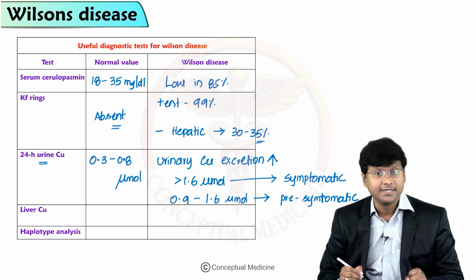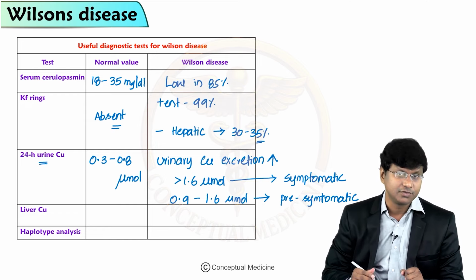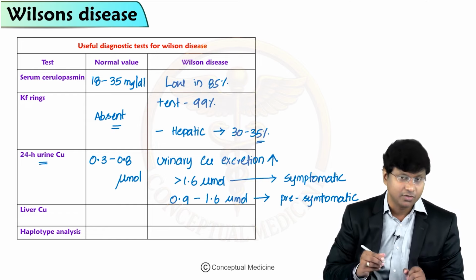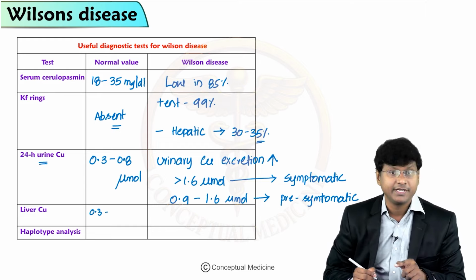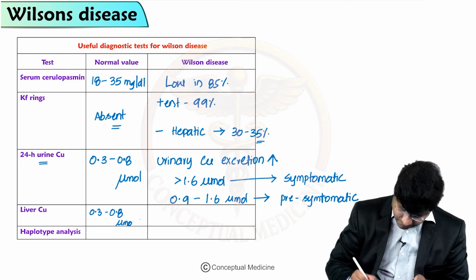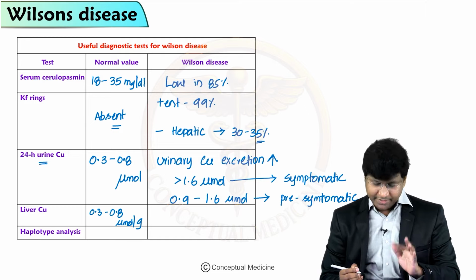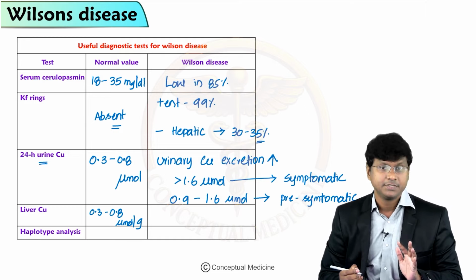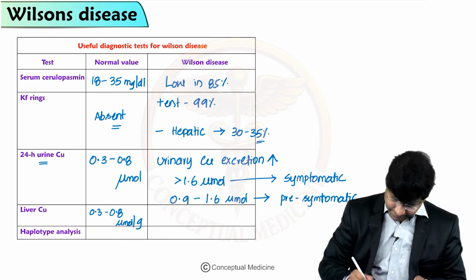Then you talk about the liver copper. When you do a biopsy, what will be the quantity of the liver copper? The normal value of the liver copper is around 0.3 to 0.8 micromoles per gram. And in Wilson's, the liver copper is increased.